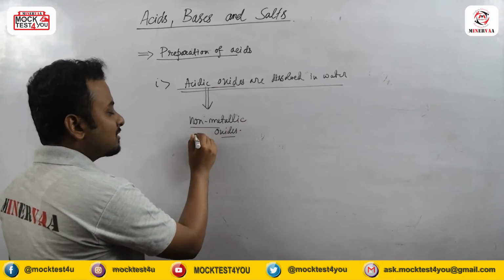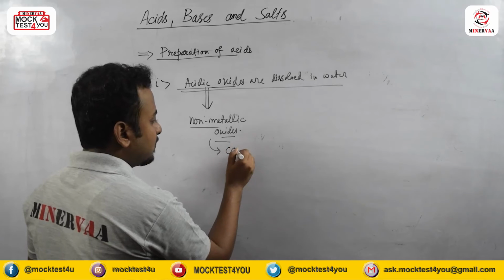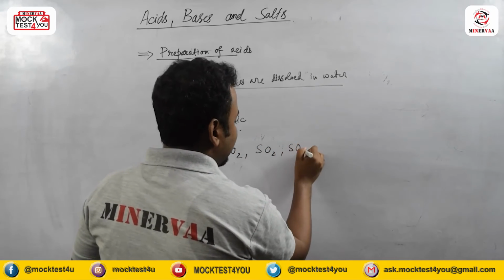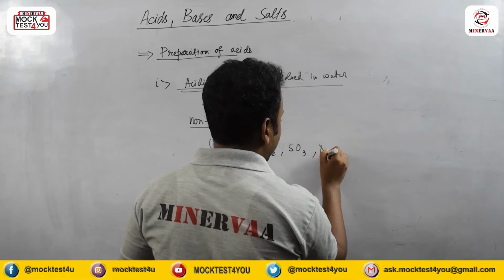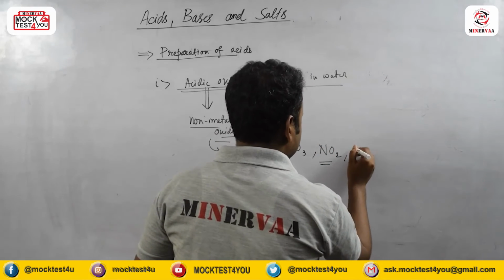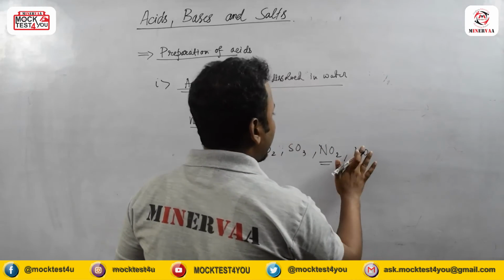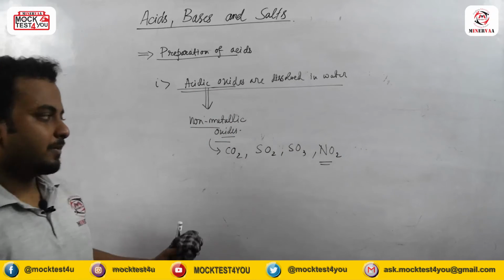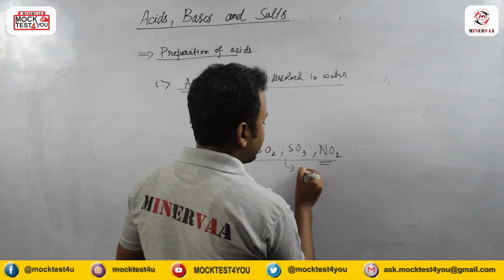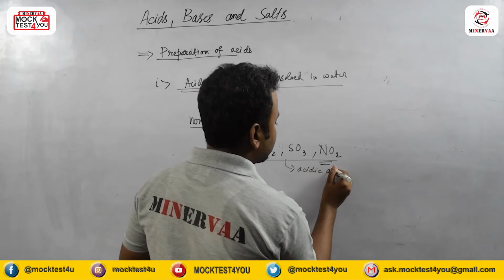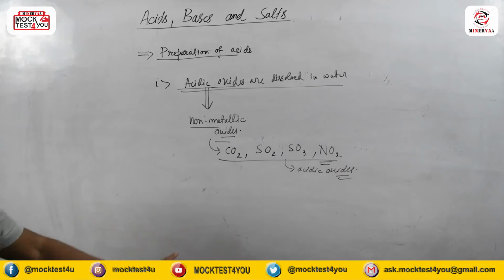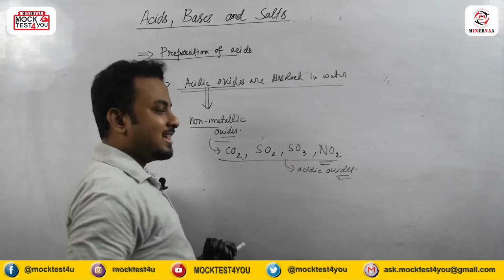Non-metallic oxides like CO2, sulfur dioxide, sulfur trioxide, NO2, these are all non-metallic oxides, so these are called acidic oxides, right? We already know about acid rain. These oxides or gases are present in the atmosphere.